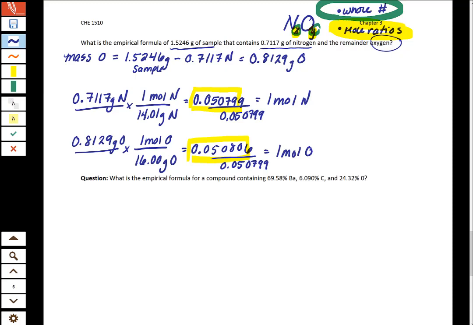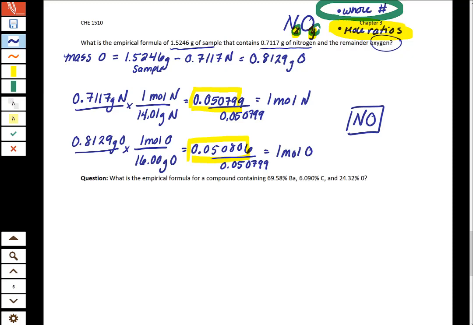So that means that our X and our Y are both 1s, but remember in our chemical formulas, we don't write in those ones. So I'm just going to sneak back in and erase those. And I'm going to scooch that oxygen a little bit closer so it looks better. And so your answer here is, your empirical formula is NO, which is nitrogen monoxide.